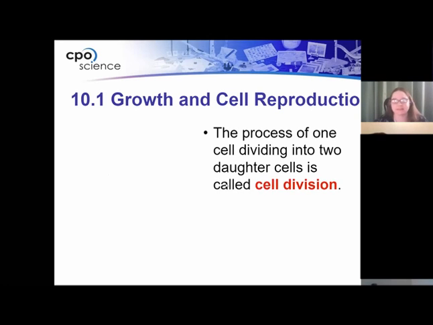Okay, so growth and cell division. The process of one cell dividing into two daughter cells is called cell division. So please go ahead and write that out.